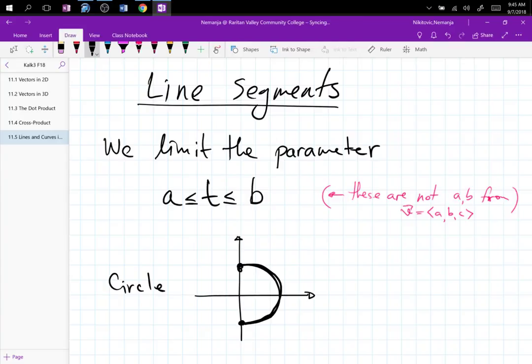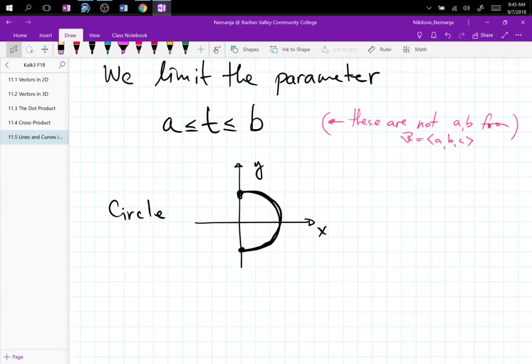So say this is what you need from a circle. Your parametric equations are still going to be the same. If the radius is 4, you still have x equals 4 cosine t and y equals 4 sine t.